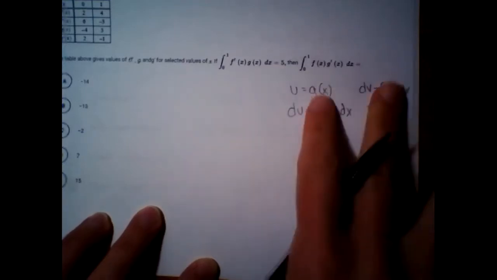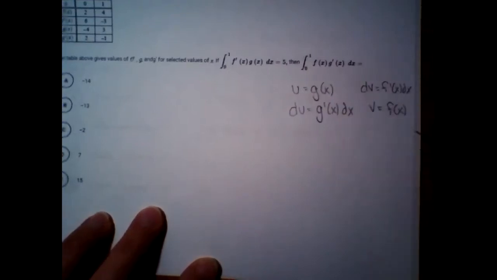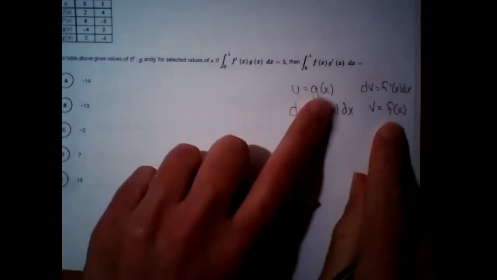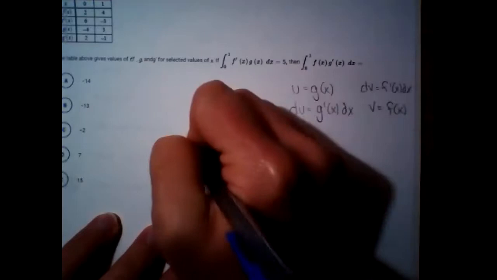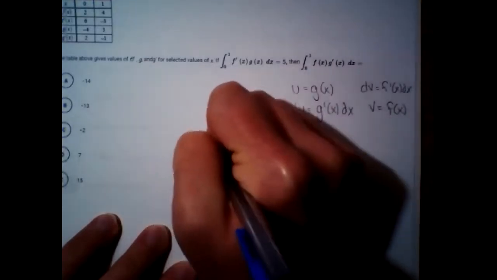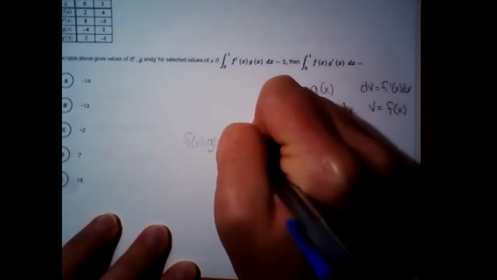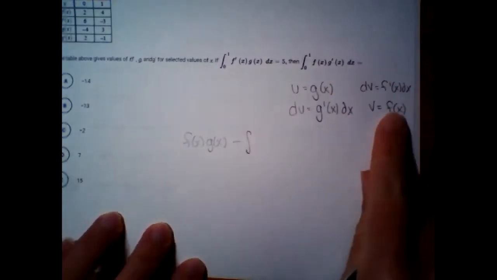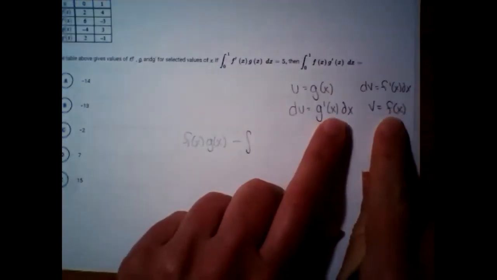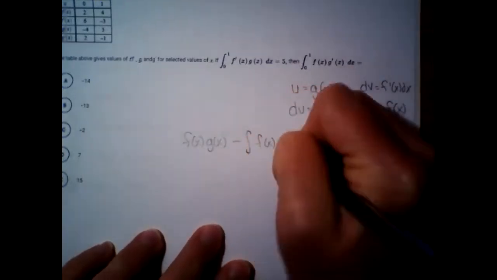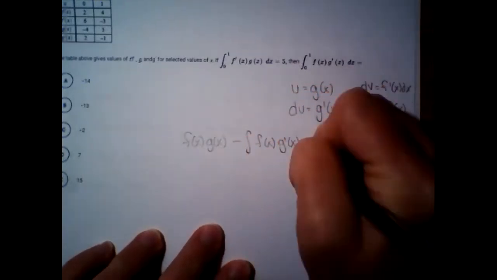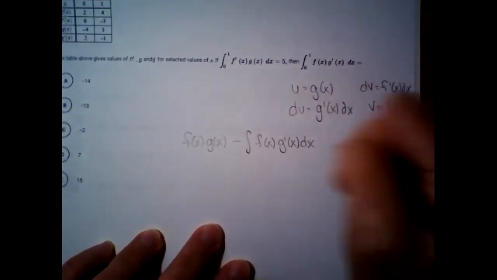And again, if you got them mixed around the other way, you would get to a place where you wouldn't be able to fill in the next part, and you would go, I need to switch them back around. All right, so this would be u times v, so that's g times f, minus the integral of v du. So that would be f of x g prime of x dx. And that was from 0 to 1.